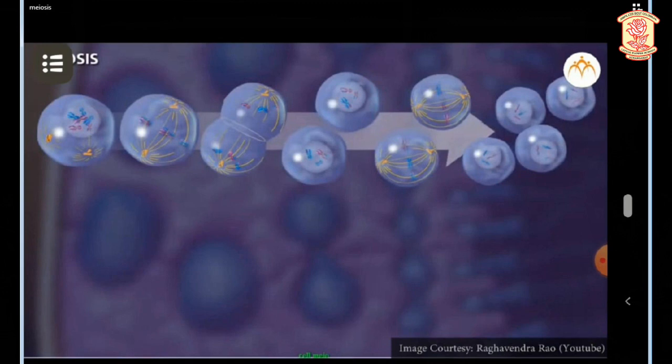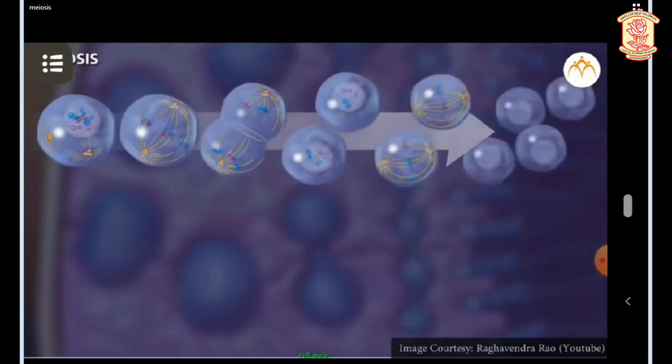Meiosis is a specialized form of cell division in which one germ cell divides to produce four reproductive cells called gametes.